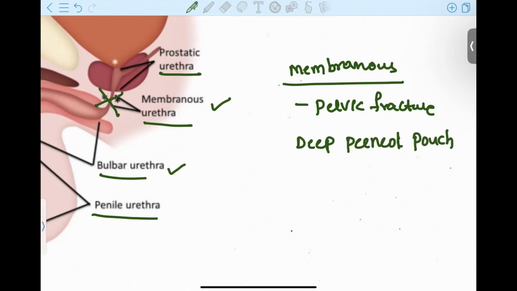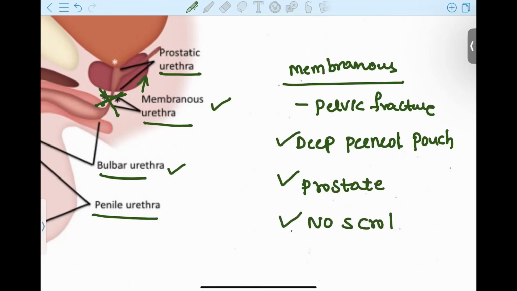If the urine is leaking, it will leak into the deep perineal pouch and also the prostate, because it will ride upwards, right? Here the structure is very near to the prostatic urethra, so it will travel upward to the prostate. And also no scrotal hematoma. The scrotum is very far from the membranous urethra, so there is no scrotal hematoma in this patient.